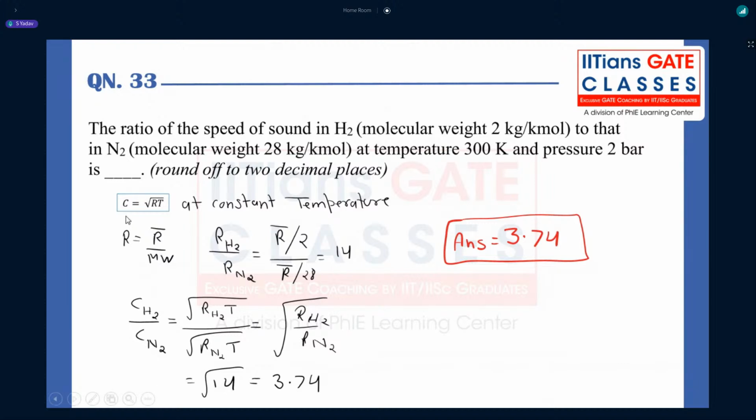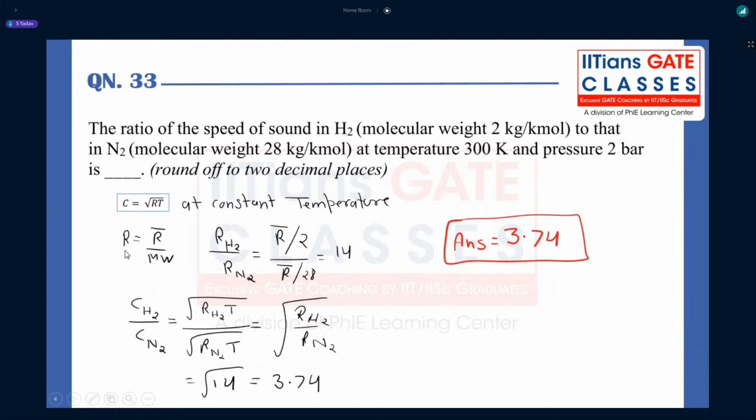As you know, the speed of sound for an isothermal process is C equals square root of RT, and since temperature is constant here, nothing to worry about that. So finally you need to figure out the value of R for hydrogen and nitrogen, calculate the speed of sound for those two gases, and you get your answer.